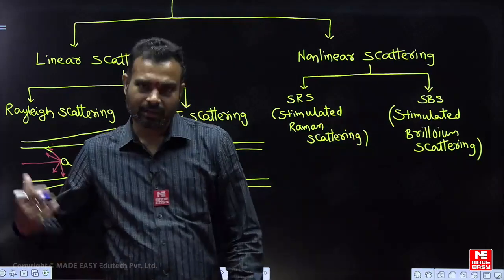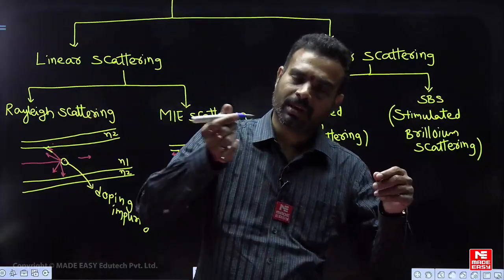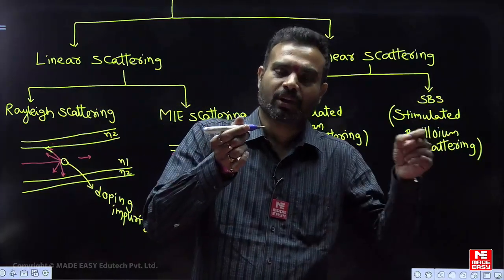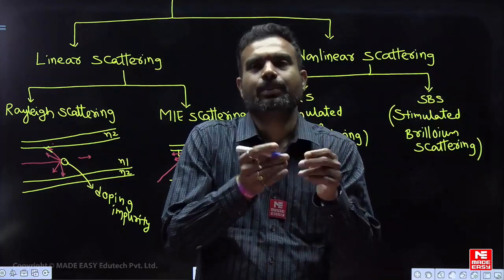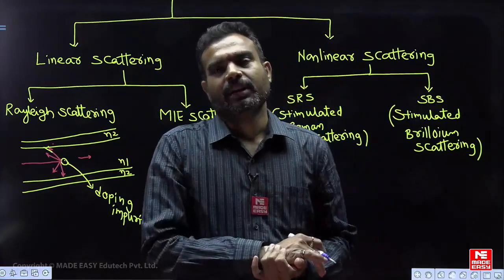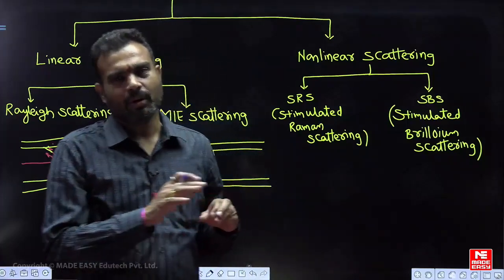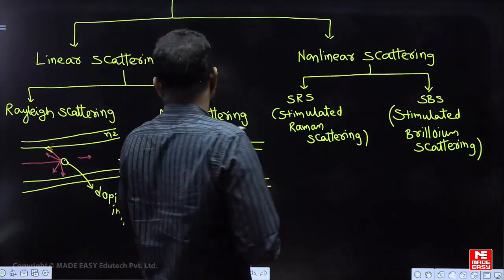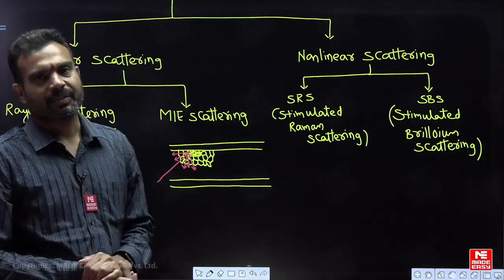Whenever the scattering occurs, the forward path is obstructed by the backward path. In this process, power depletion occurs. This is completely what we call scattering. One is called linear scattering, the other is called nonlinear scattering.